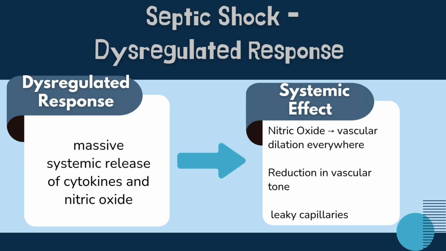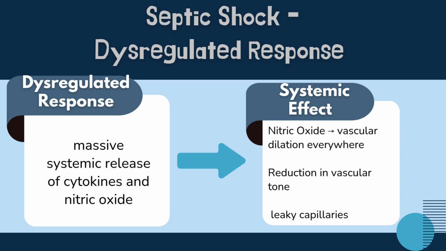But in septic shock, the response doesn't stay localized. For reasons that we don't fully understand, some patients spiral into a massive systemic release of cytokines and nitric oxide. This response becomes dysregulated and goes too far. So instead of just opening blood flow where it's needed locally, these mediators dilate blood vessels throughout the entire body, they drop vascular tone everywhere, and they make the capillaries leaky.